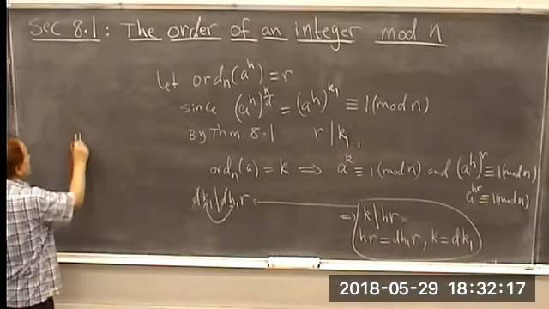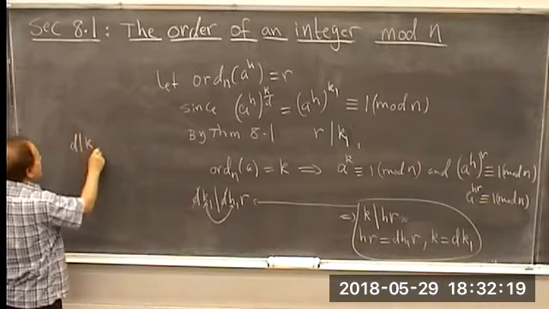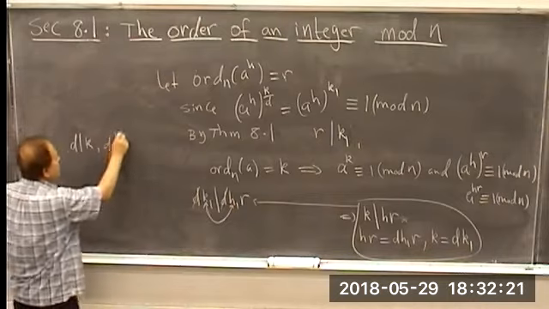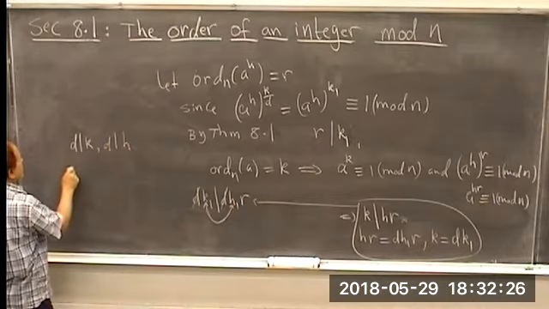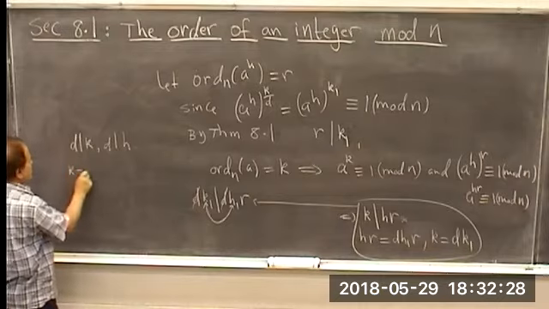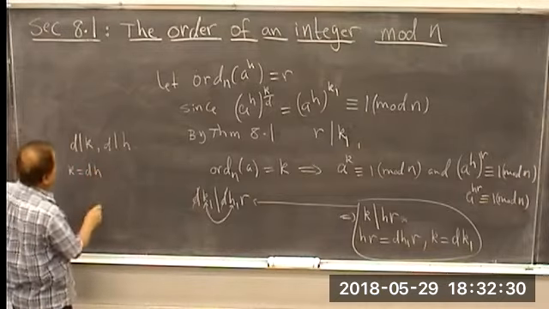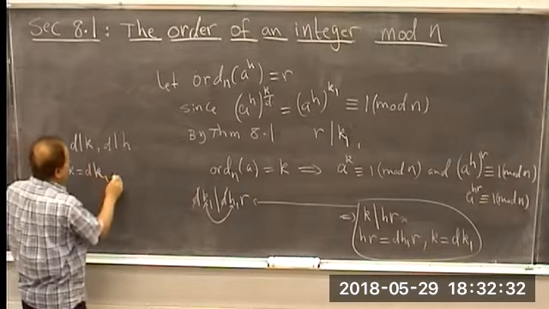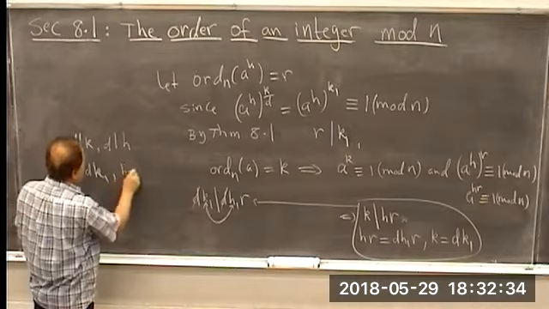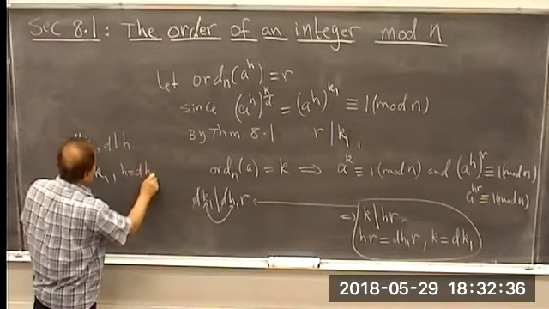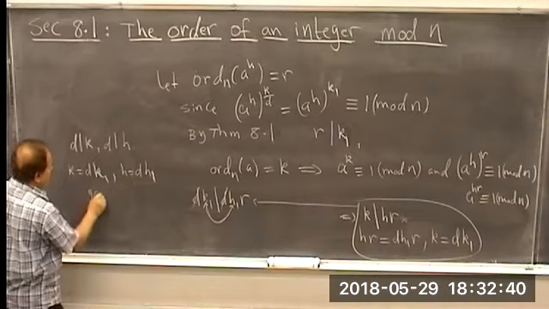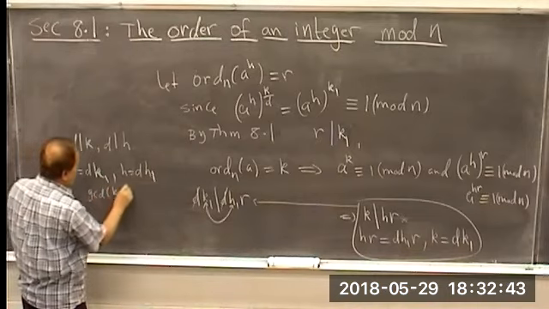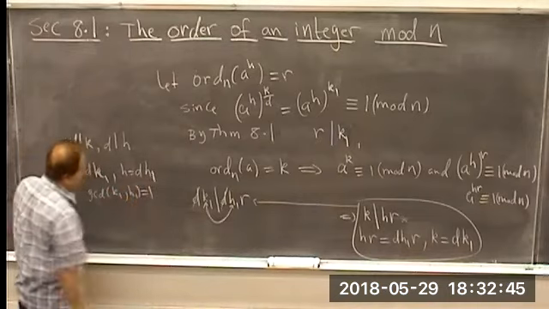We have D divides K and D divides H. And then we wrote that K is equal to D K1 and H equals D H1.